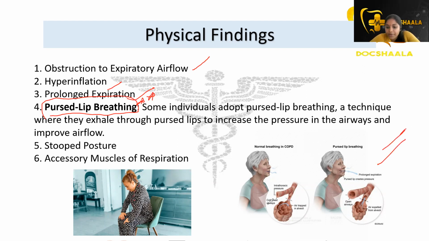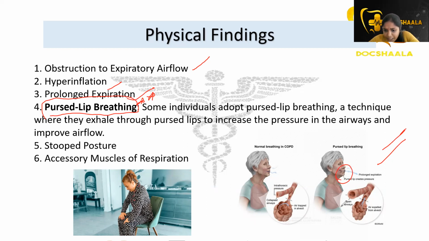Pursed lip breathing is when the patient keeps their lips like this while breathing. Because of prolonged expiration, they exhale through the mouth by keeping the mouth like this. So as you can see in the image here, pursed lip breathing.